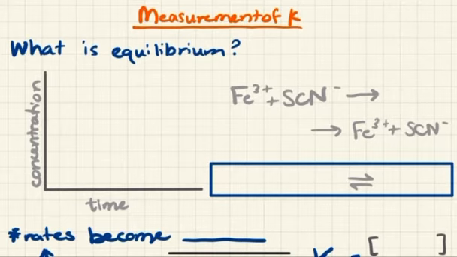And the product that we would actually form here would be a complex, which we'll learn later in the semester what a complex is, but a complex between iron and thiocyanate, and this would be the charge of that overall species if it's a 1-to-1 ratio forming that complex. Okay, so this is the product of that reaction, FeSCN2+.